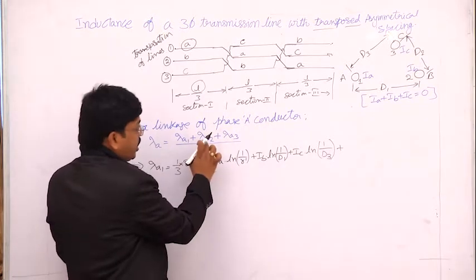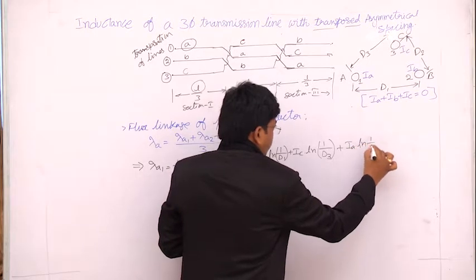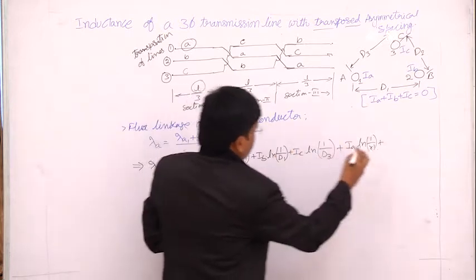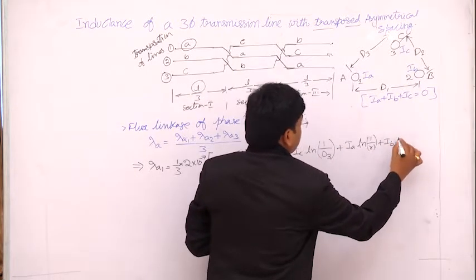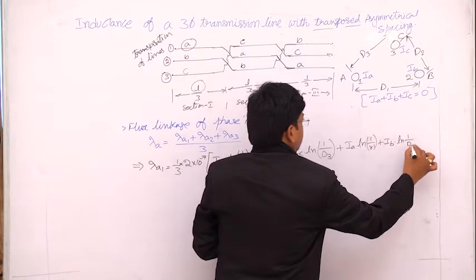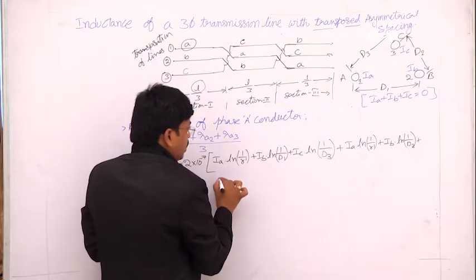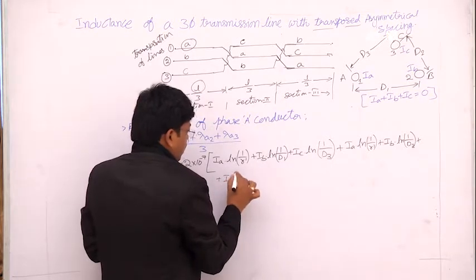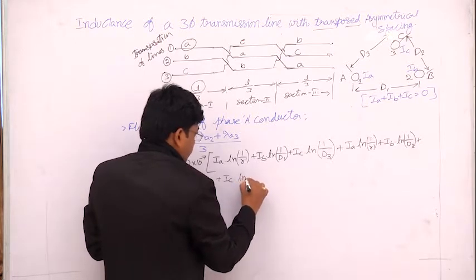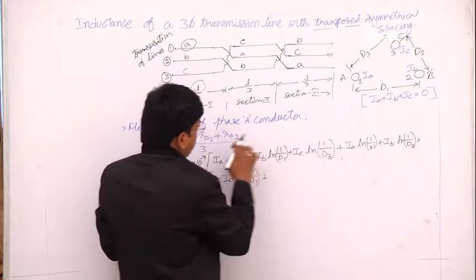Similarly, for lambda A2, we get IA into logarithm of 1 by R dash plus IB into logarithm of 1 by D2 plus IC into logarithm of 1 by D1. These are the terms for lambda A2.